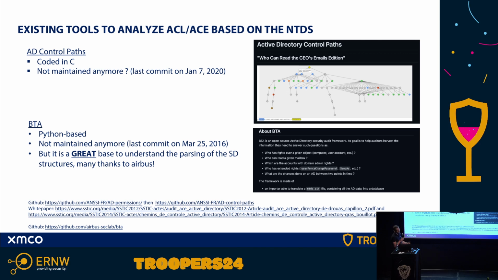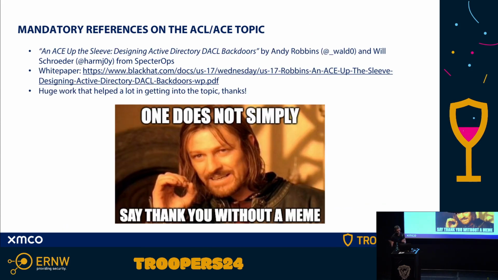They are not maintained anymore, but were a great start for us to understand how ACLs work. That was very helpful for us. And also, of course, Sean mentioned it this morning, the white paper by ASAP the sleeve was really great as a starting point in understanding how ACLs work in an Active Directory, so thank you to them.